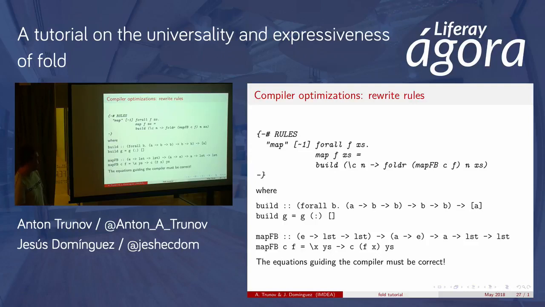But the thing is, the compiler trusts you blindly. Whatever you write here is up to you. These rules must be sound. If you write something here that is not really true, then you just screwed up your compilation process, and you will get something that might not be a legitimate implementation.